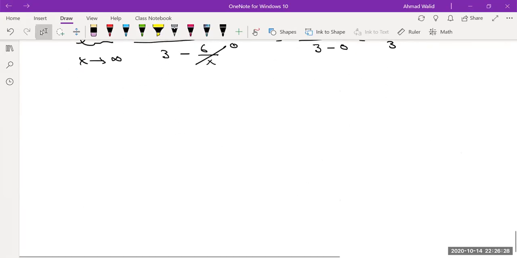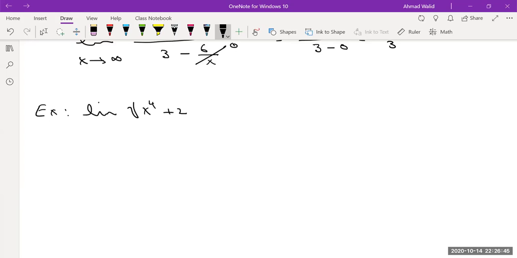One more example, I'll just tell you the method, then you do it by yourself. It's a calculus class, you don't need me to do everything for you. For example, look at this problem. The limit of the square root of x to the power of 4 plus 2, outside minus x squared, as x approaches positive infinity.